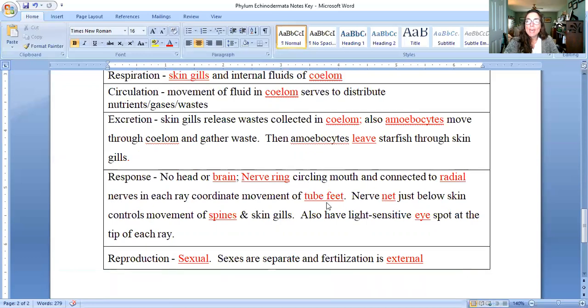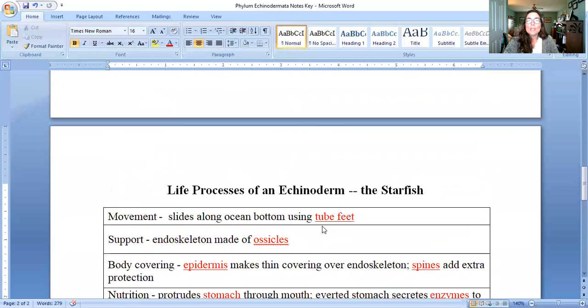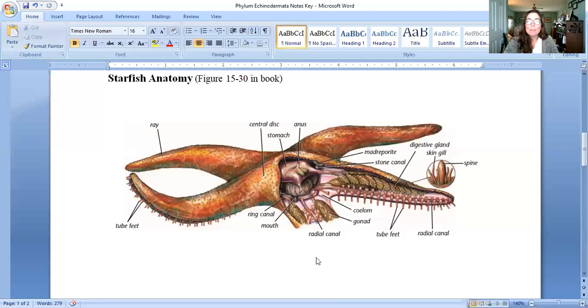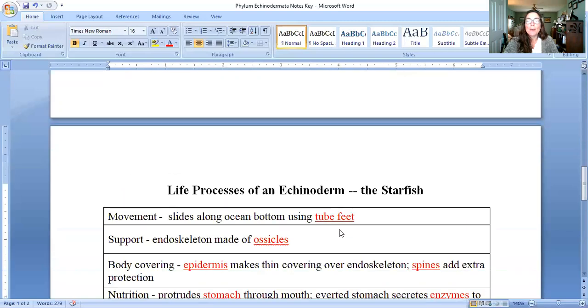They do not have a head or brain. They do have a nerve ring, and they have nerves that extend out from the nerve ring into their rays to coordinate the movement of their tube feet. The nerve ring is not shown here, but it would basically go right along with the ring canal, and each nerve would run down the radial canal.